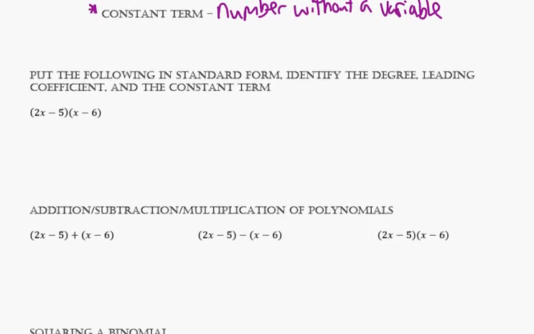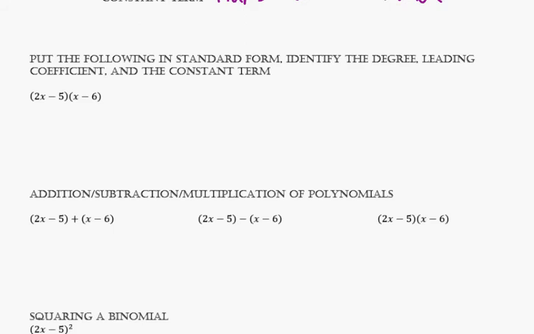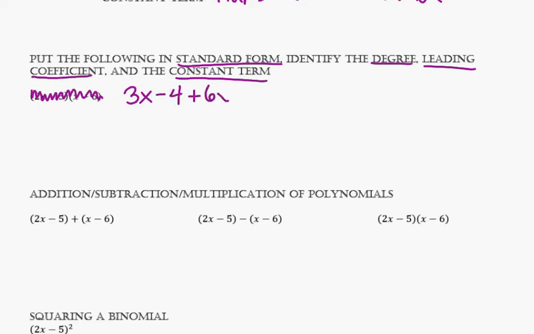So if we look down here at the first example, it says put the following in standard form, then identify the degree, the leading coefficient, and the constant. I want to change it quick, and I want to make it into 3x minus 4 plus 6x squared minus x to the third.